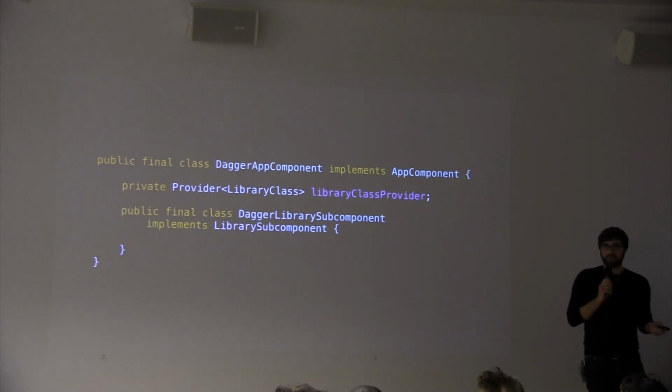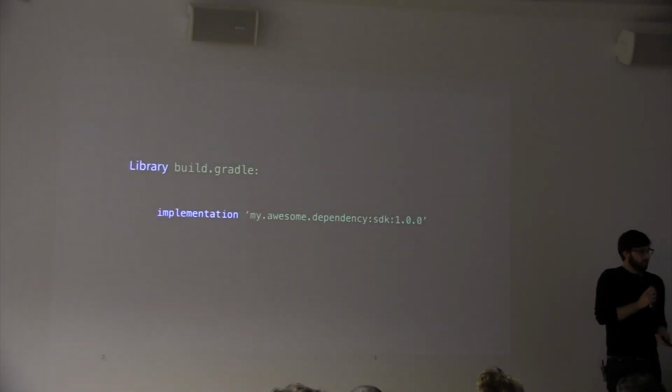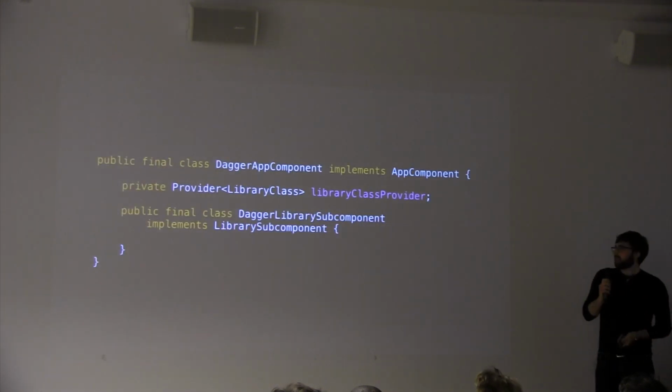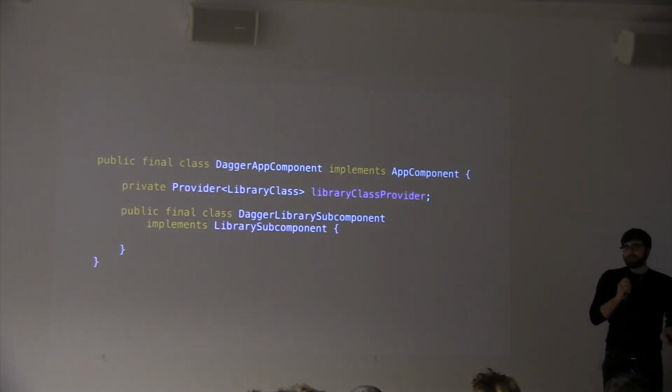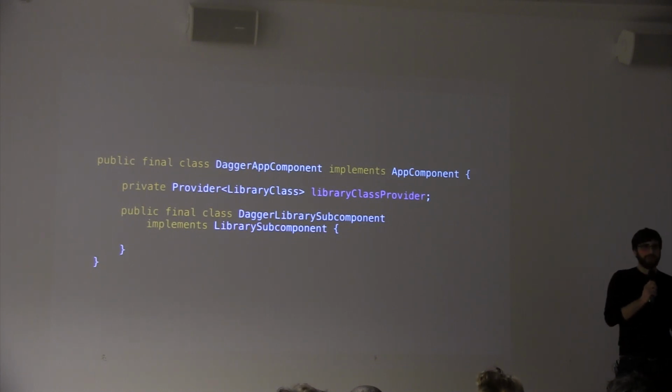And if anything changes, it's going to have to generate that whole thing again. It can't just generate bits of a file. So yeah, that's not hugely great for build speeds. And that is probably the main issue that we face at the moment. Especially with Dagger Android, it really hits your build speed.